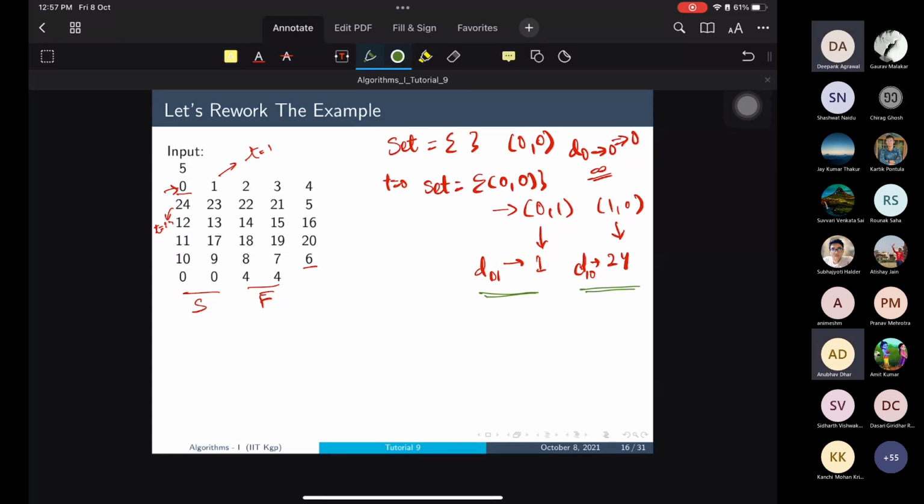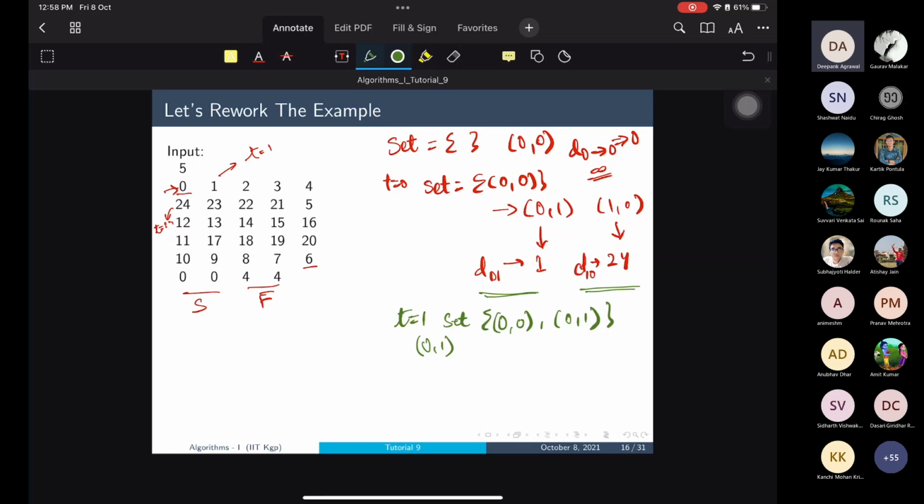Yes, sir. Okay. So at t equals 1, the set looks like we have 0, 0 and we have 0, 1. Now we update the neighbors of 0, 1. Dijkstra says the unvisited neighbors of 0, 1.